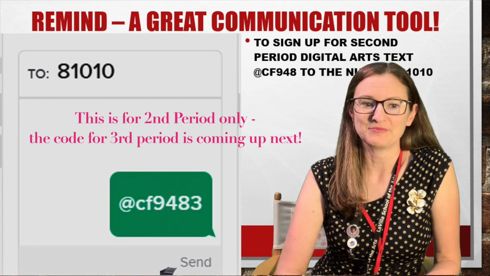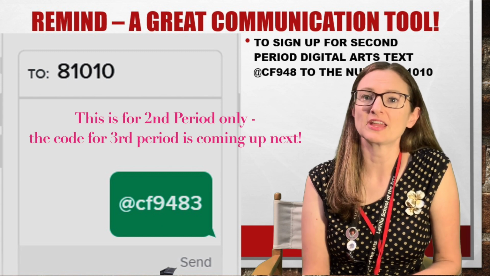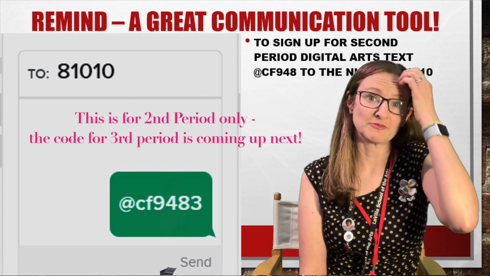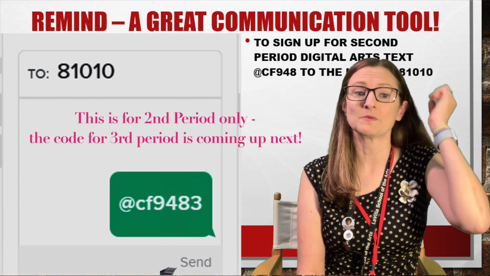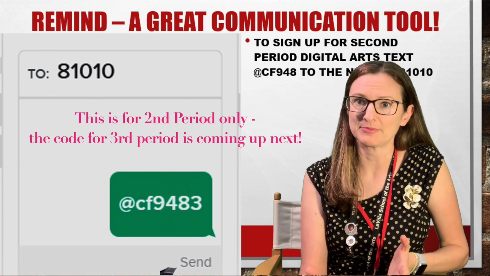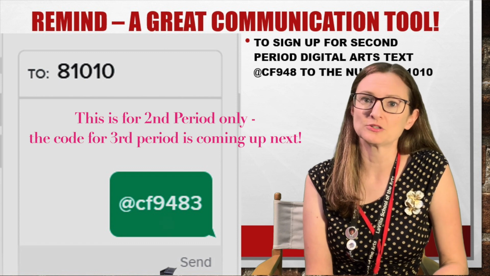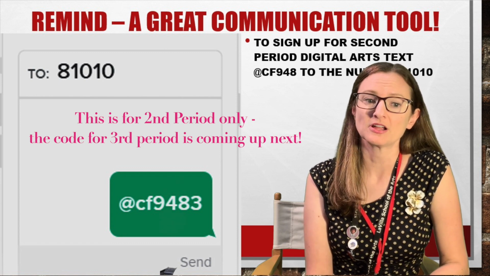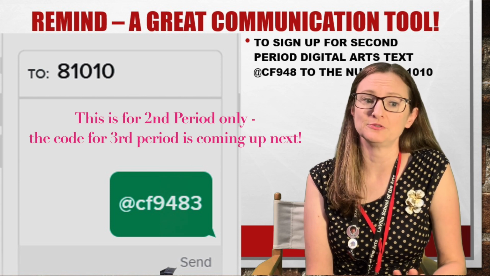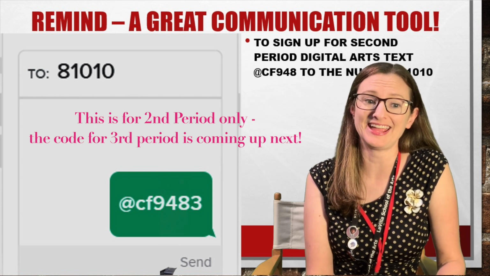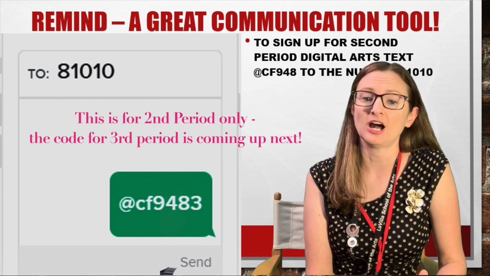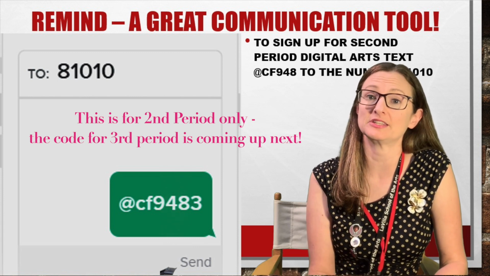Communication with me. I have 3 different ways you can communicate with me, and my favorite one is Remind for short things. Remind is like a texting app. It's a great communication tool, and it is so simple to sign up for. All you have to do is text to this number, 81010, a code that is specific to this class.